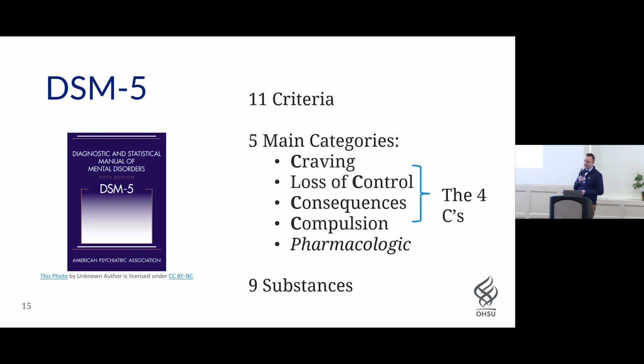And then the DSM-5, really, you can only utilize it per DSM manual on 9 different substances: alcohol, cannabis, hallucinogens, inhalants, opioids, stimulants, nicotine, and sedatives, hypnotics, and anxiolytics are all one. And then caffeine. Although they say that you can use it on caffeine, no one really recognizes caffeine use disorder as a true diagnosis. So it's an interesting caveat for DSM-5 and caffeine.